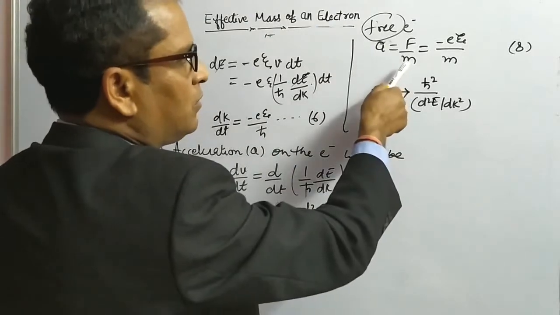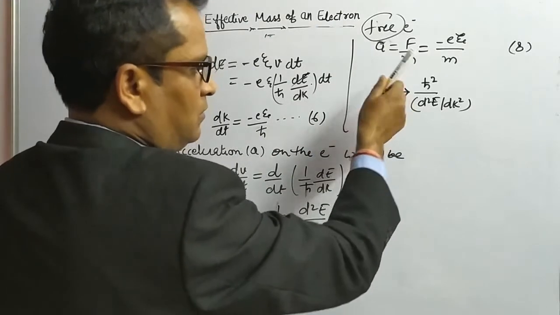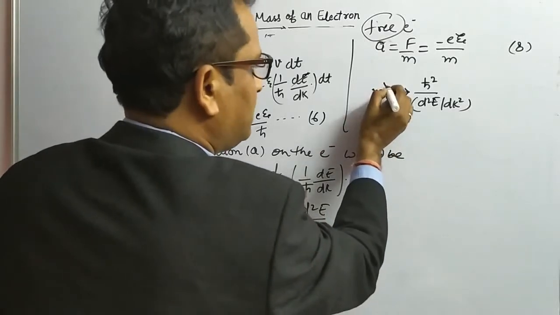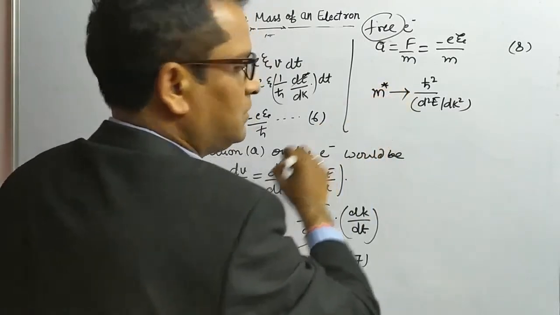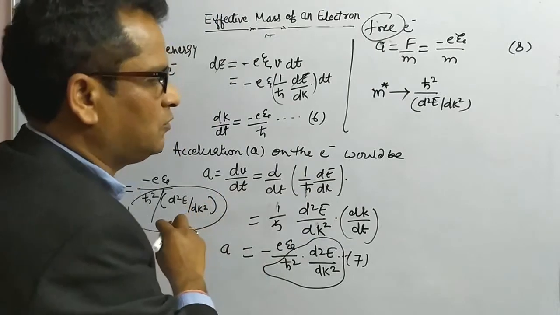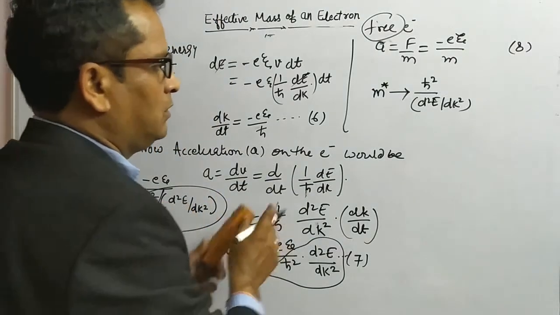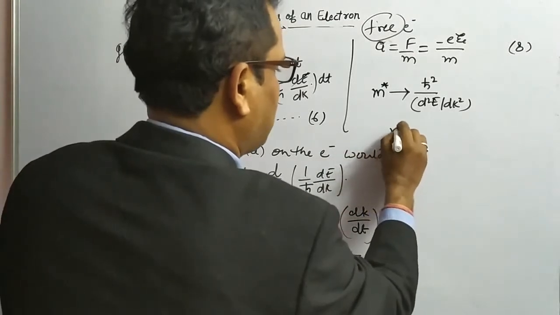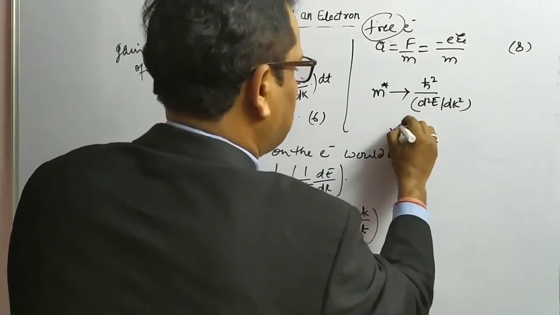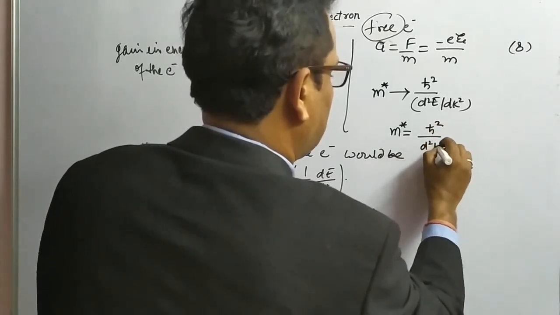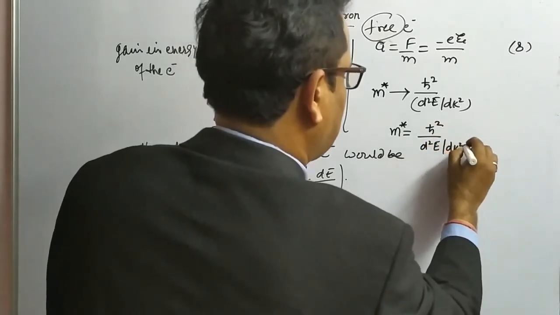The free electron mass was constant, but this mass is not constant, and it is represented by m star and is known as the effective mass of the electron in a periodic potential. So let me write it as h bar square upon d square E by dk square.